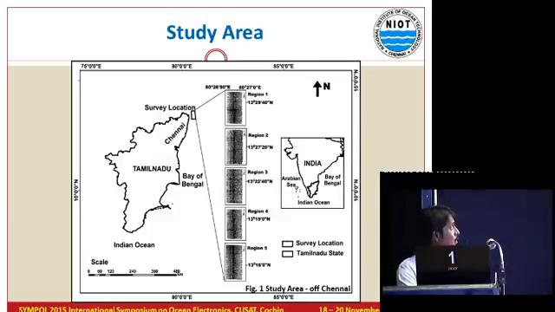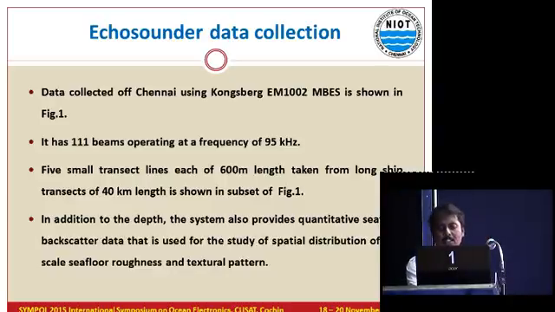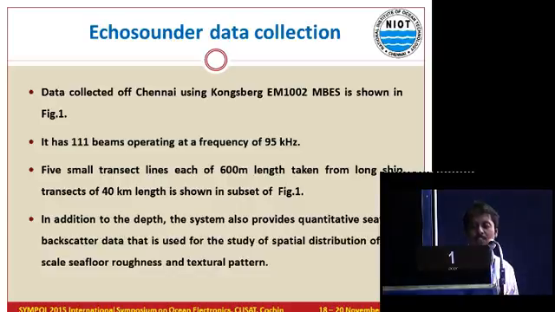The data was collected using an EM100 echo sounder. It generates full beams per ping, and in addition it also provides backscatter data, which is for the study of the spatial distribution of fine scale sea floor natural patterns.